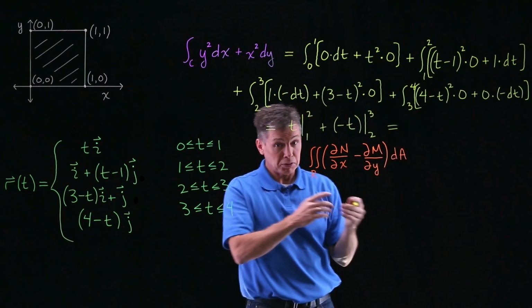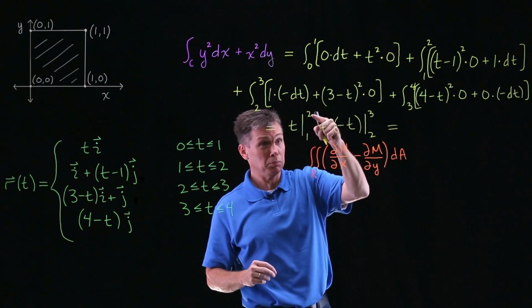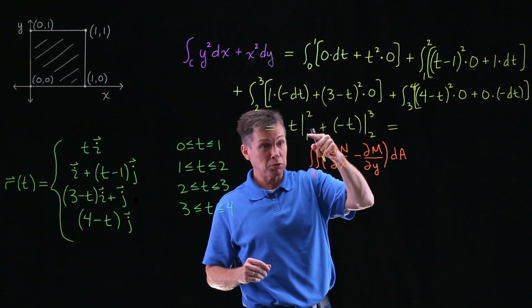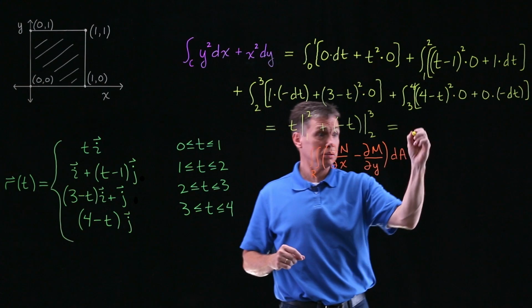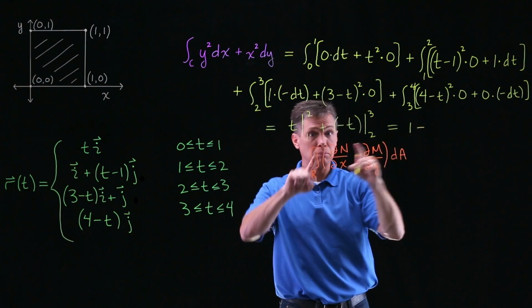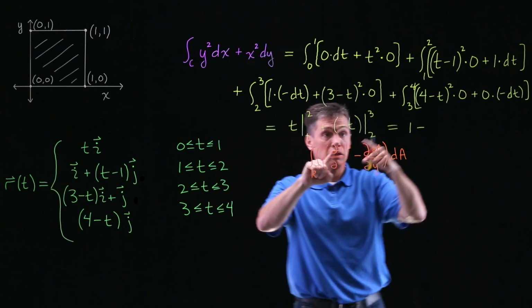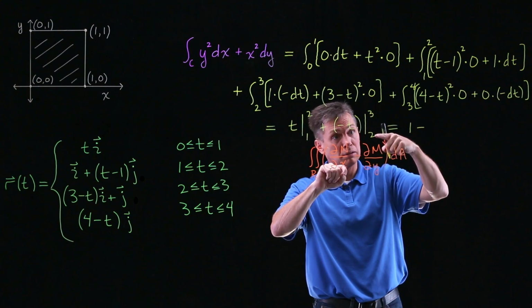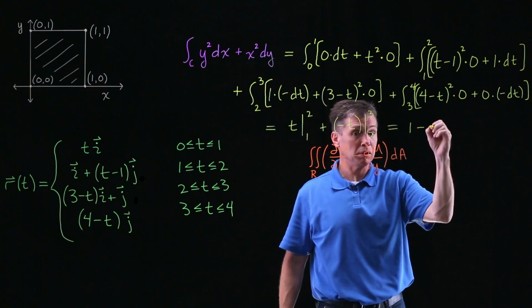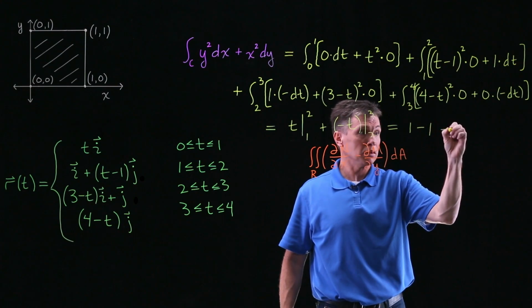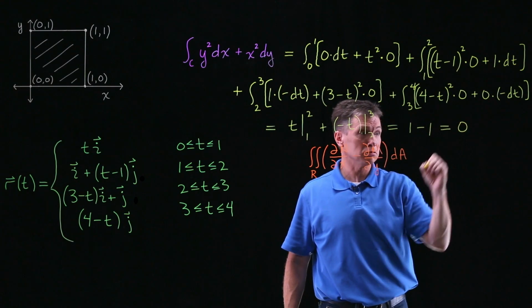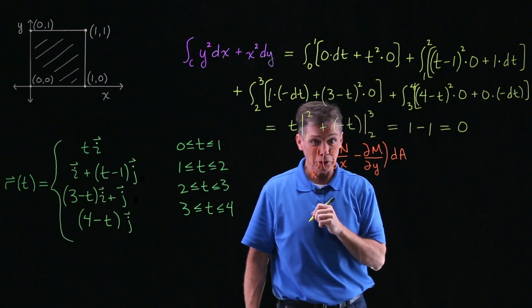One more step over, because I think I can do this in my head. Put in the 2, subtract what happens when you put in the 1. You're going to get a 1. Plus, I'm actually pulling this minus out. And then 3, plug in the 3, subtract what happens when you plug in the 2, and you're going to get a 1. So final result there is 0 after all that.